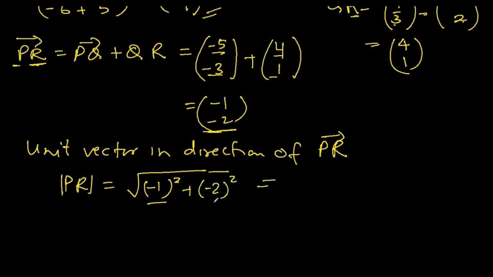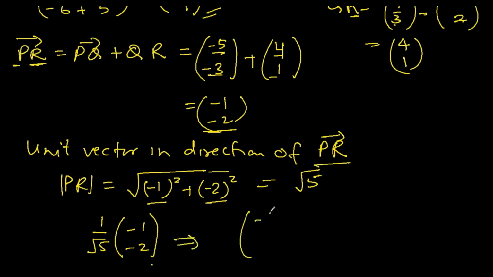It will be 1 plus 4, square root 5. So divide the vector by its own magnitude and we get the unit vector in the direction of that vector. If you want to leave it like this, you can, or you can write this as minus 1 over square root 5, minus 2 over square root 5. Both are right answers.